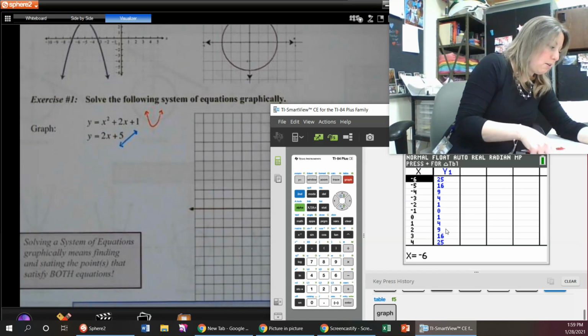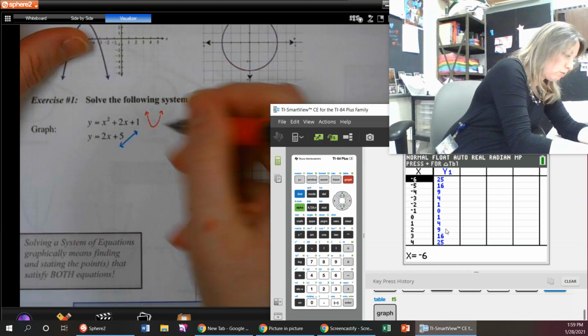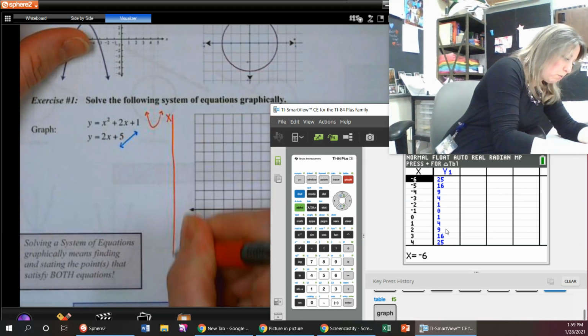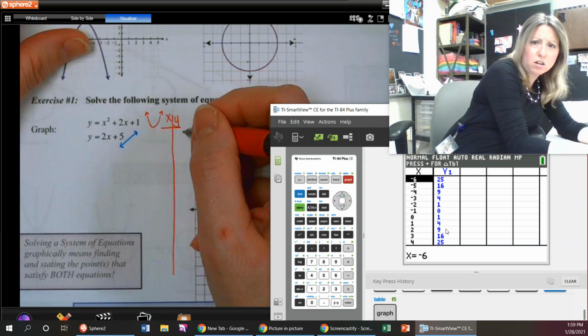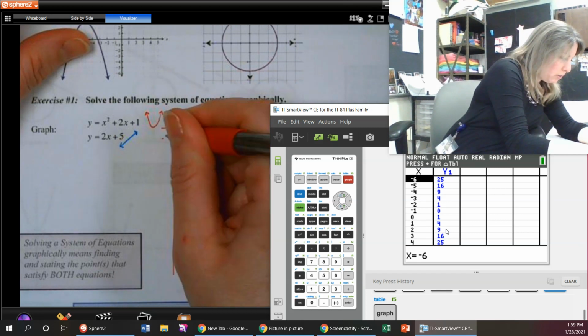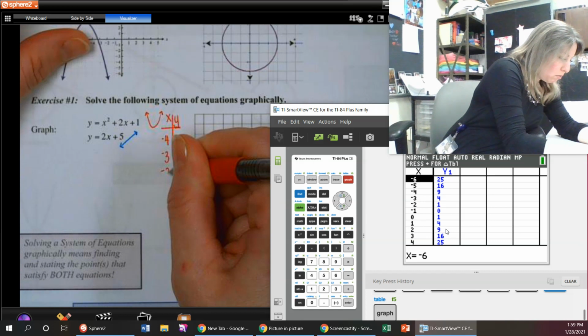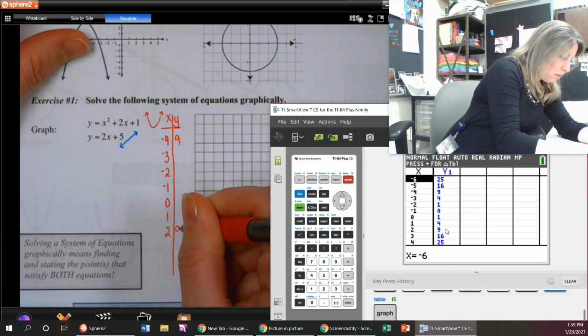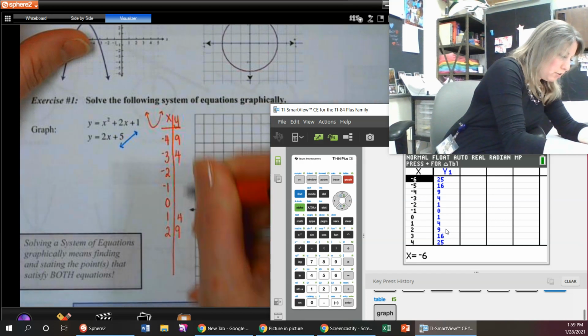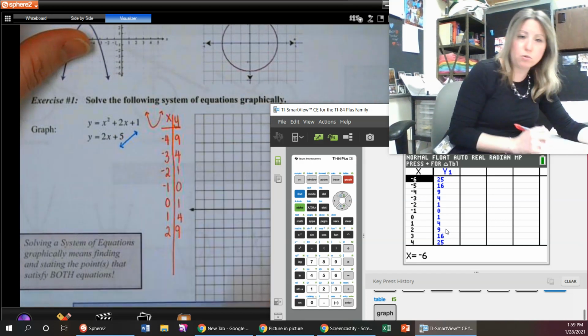So since I did that one in red, let's get those points right here for my parabola. Negative 49 is where I start, all the way to 29, and then, of course, 4s, 1s, 0.